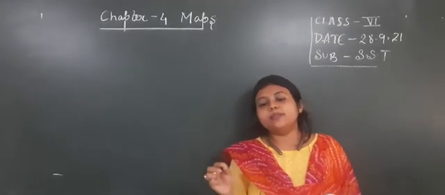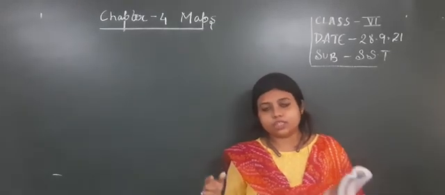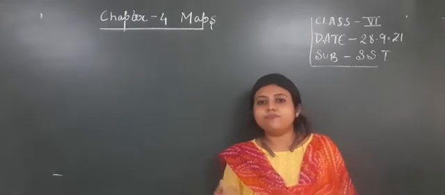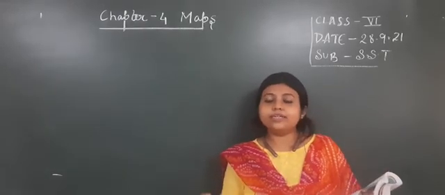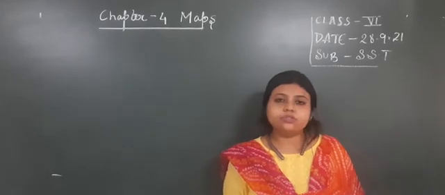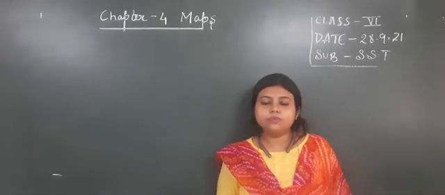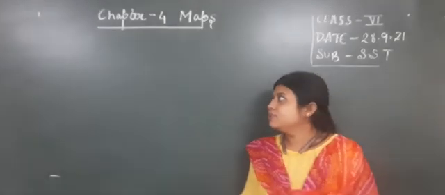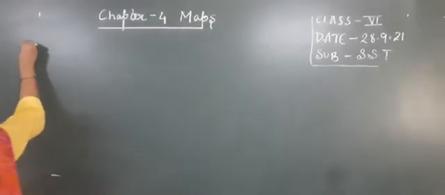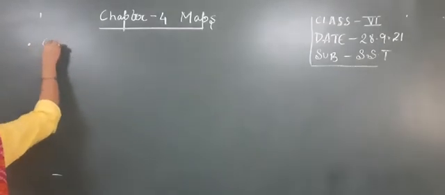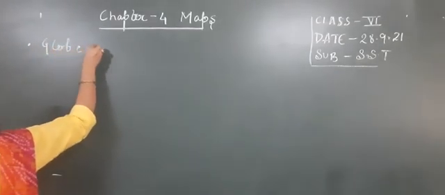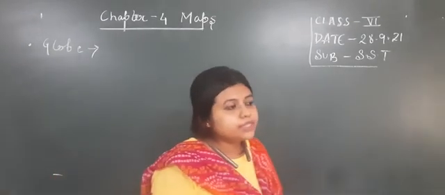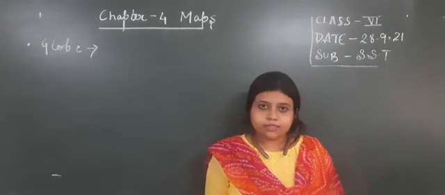The shape of the earth is spherical, so we have a problem in measuring or locating a particular place. So for our convenience, geographers have developed these maps and globes. Now what does globe mean? A globe is a 3D model of the earth, and it resembles the true shape of the earth.